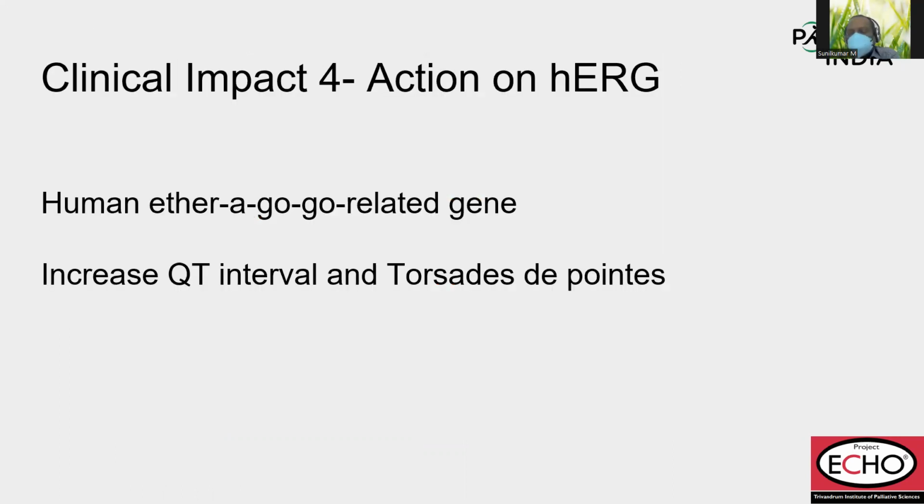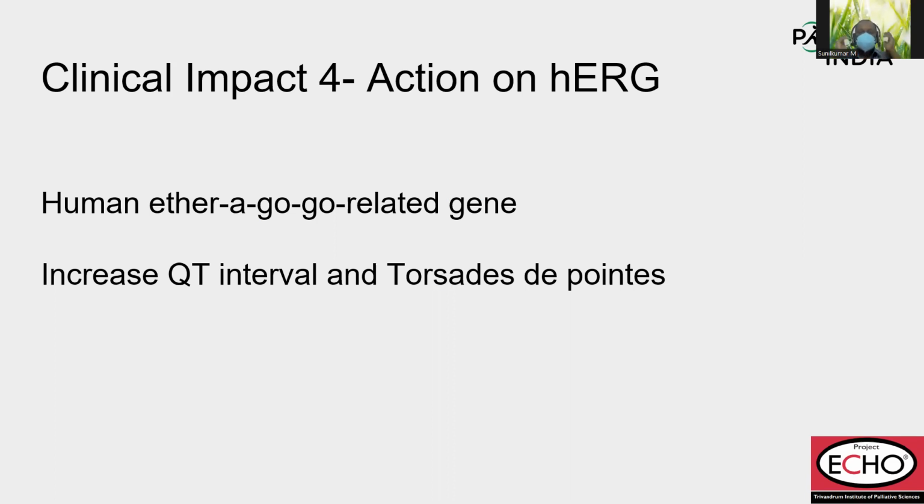So we talked about three beneficial effects of methadone. One is because of its action on opioid receptors, then NMDA receptor antagonism, then inhibition of reuptake of noradrenaline and serotonin.